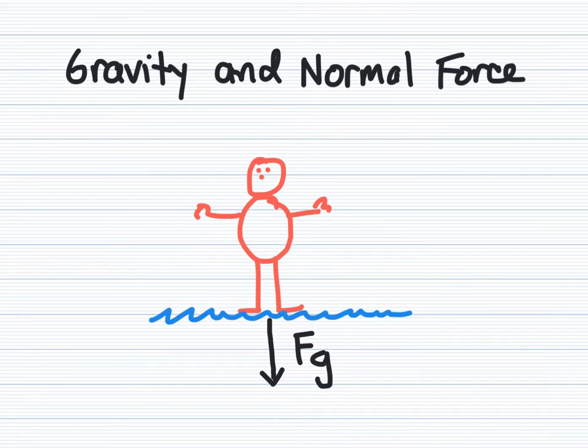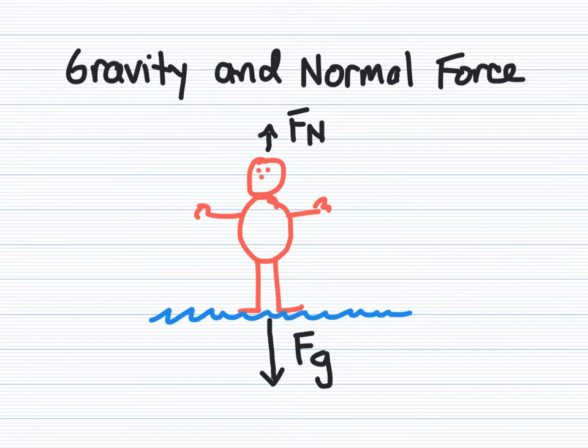And the water will push back. The water has what we call a normal force. The problem is that the water can only push back a very, very small amount. You know, water can support maybe like a little bug, like a little water strider, or maybe a leaf that's just barely floating on it, but it can't really support a person.